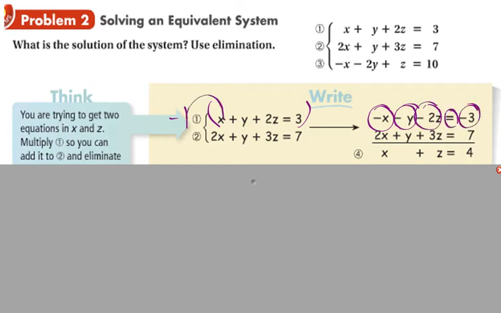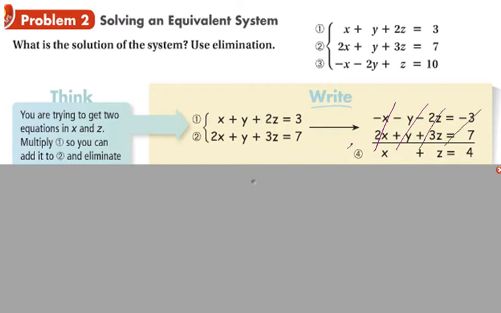And that's because we distributed that negative 1 to every term on both sides of the equal sign. So after you convert equation 1 with the negative 1, now we're going to add to eliminate our variable. So when you add, you get an x, the y's go away, plus z is equal to 4.